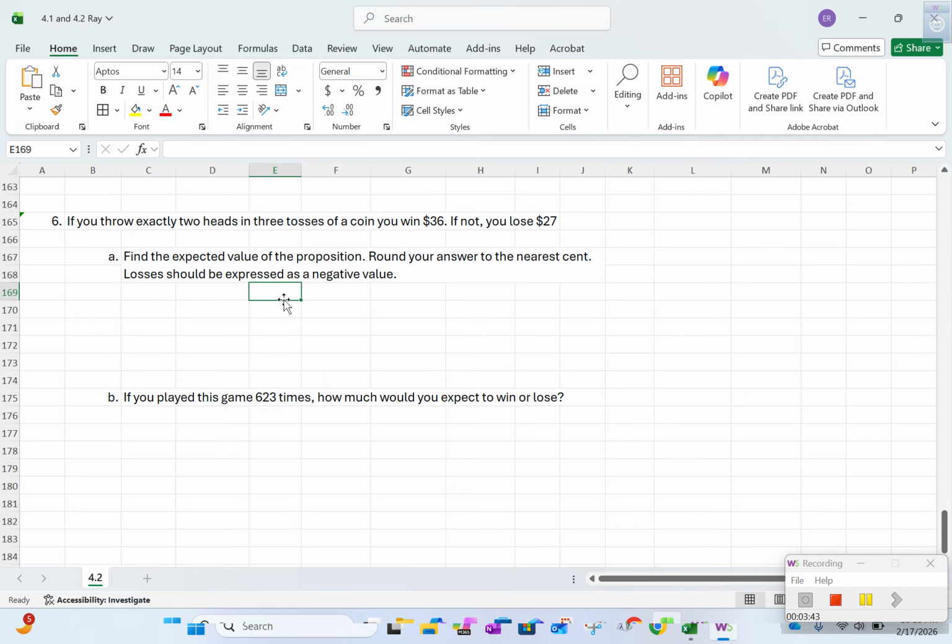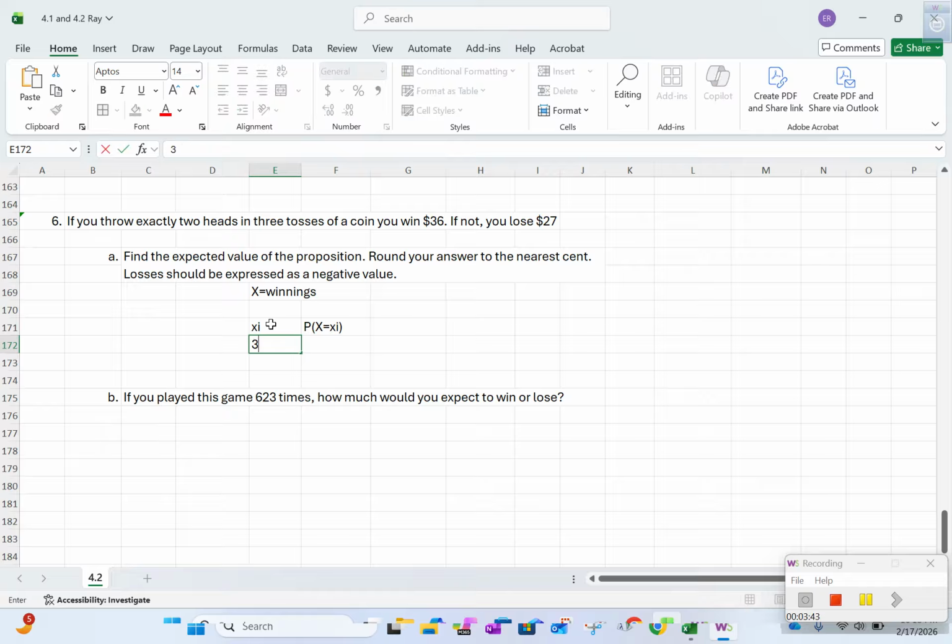So this time we're talking about the expected value, and again it's talking about winnings. I'm just going to use x since they didn't give me a variable here. It's going to talk about the winnings that you have, or net gain or loss. So here we've got our x and P of x, and we have only two options here.